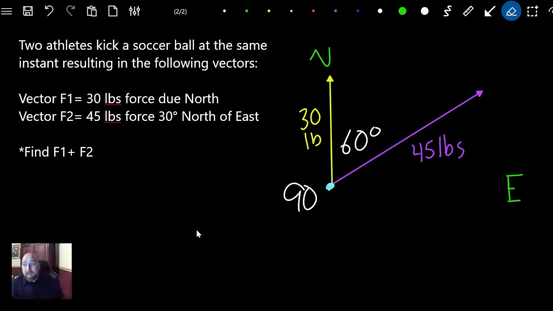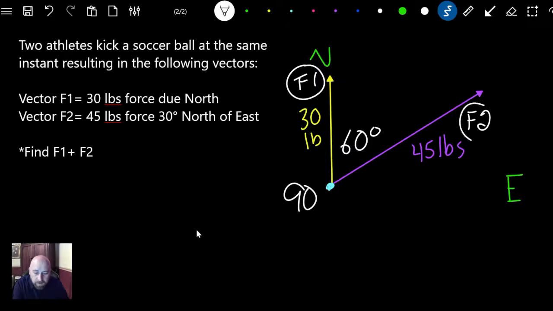Well, what we should do next is look and see what the question is asking us for. If you look in the book, you're going to find that the question says right here, find F1 plus F2. What's F1? This is vector 1, so let's call this one F1. So F1 is the yellow line, and F2 is the purple line.